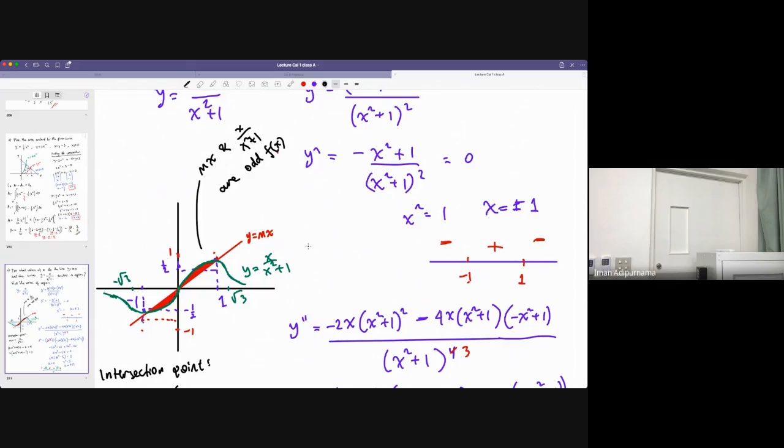But if you want to look more to check what is actually going on, you can check the second derivative, and you will see that there are 3 inflection points here: the negative square root of 3, 0, and square root of 3. If you want to check, but I believe up until the y prime, you already get the idea. From -1 until 1, the graph will look like that.